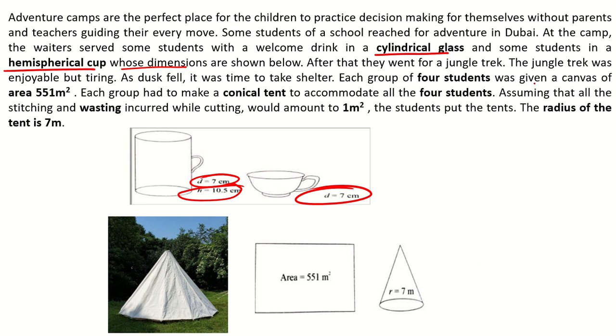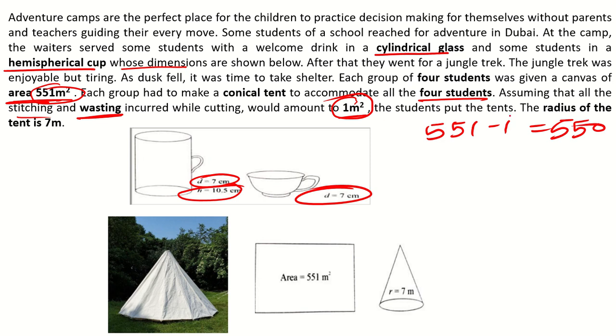Each group of 4 students was given a canvas area of 551 centimeter square. Each group had to make a conical tent to accommodate all 4 students, assuming that all the stitching and wastage incurred while cutting would be around 1 meter square. So this is the wastage, which you will have to subtract from the area of the canvas. So the available area of the canvas is 551 minus 1, meaning 550.